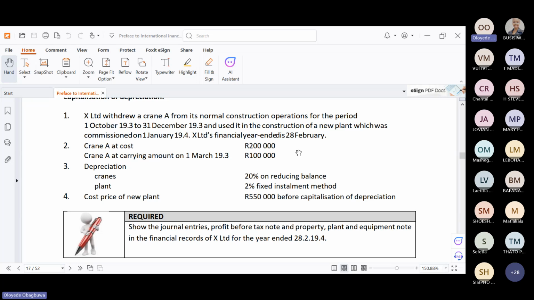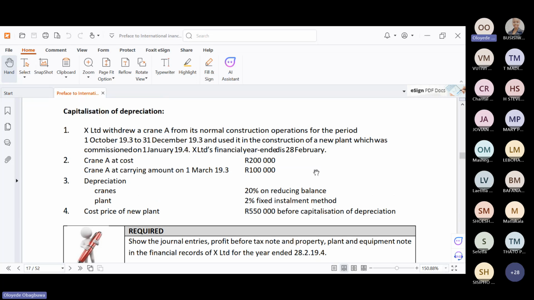Now, what you need to take note of here is that Crane A was working in a place before. So let's assume that, because the financial year starts from 1st of March, Crane A was working at a particular site before.